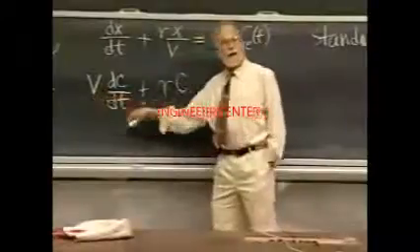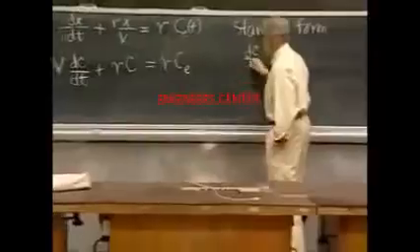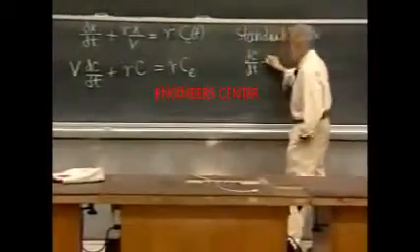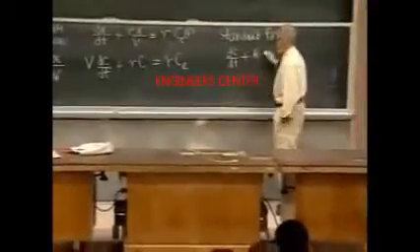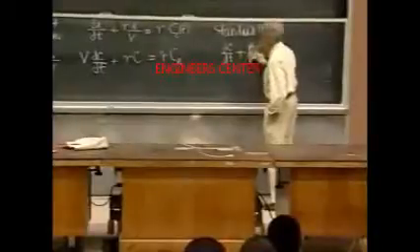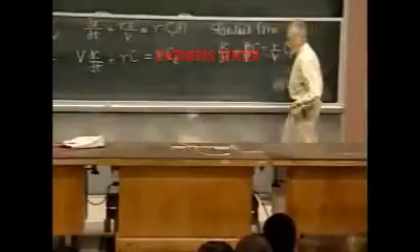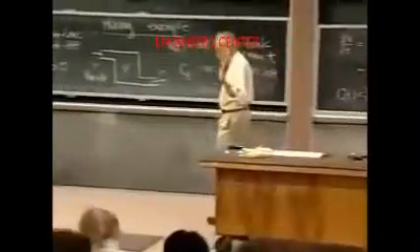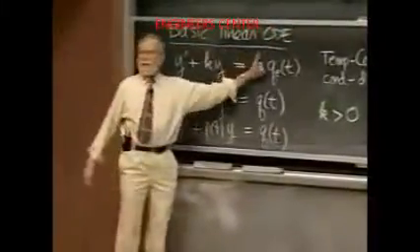It's R divided by V. So it's dc/dt, C prime, is R divided by V times (CE minus C). That's the equation expressed in form where the concentration is the dependent variable rather than the amount of salt itself. And you can see it falls exactly in this category.